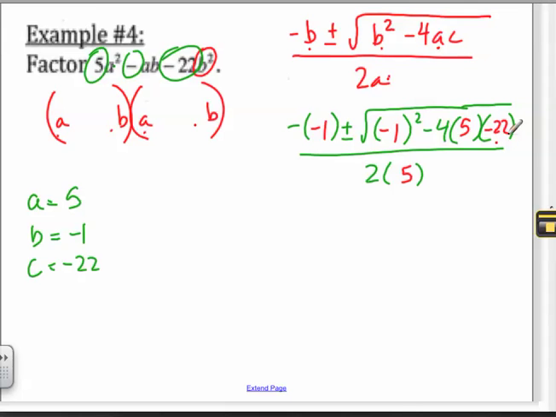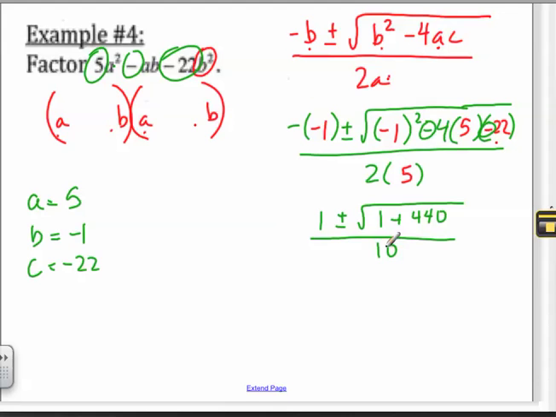Now I just need to simplify. So the opposite of -1 is 1, plus or minus the square root of 1, and since I've got two negatives here, plus, let's see what that is. That's 20 times 22, which is 440, all over 10.